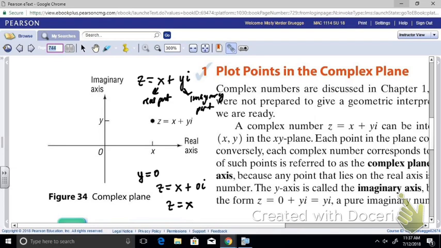But if y is not 0, then you get all the i's. Does that make sense? Like your 3 plus i or 7 plus i. So you kind of have this big, this is the complex plane. They usually put a dash, and then your reals are kind of in there. Make sense? And so all these are the i's, if you will. Do you guys have it?